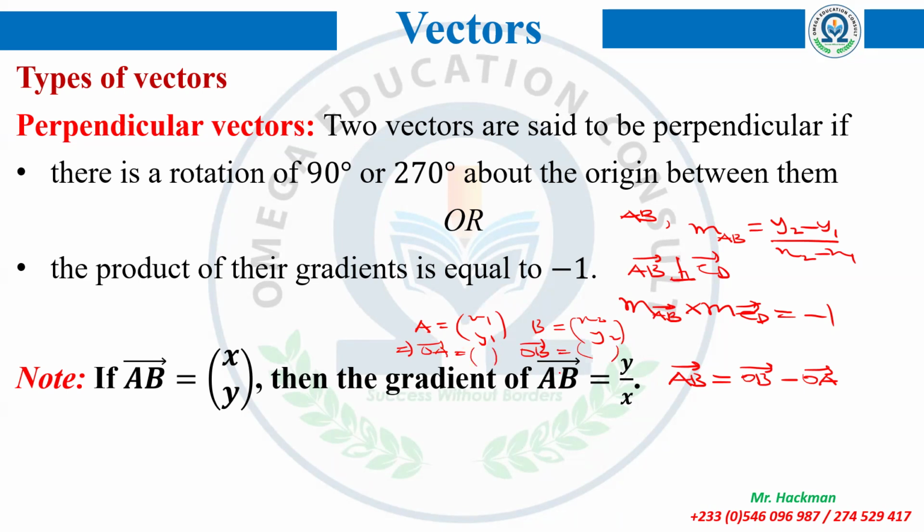So my vector AB will be equal to (x sub 2, y sub 2) minus (x sub 1, y sub 1). You know how to subtract vectors, so this will be (x sub 2 minus x sub 1, y sub 2 minus y sub 1). Is this not the same as changing x, changing y?